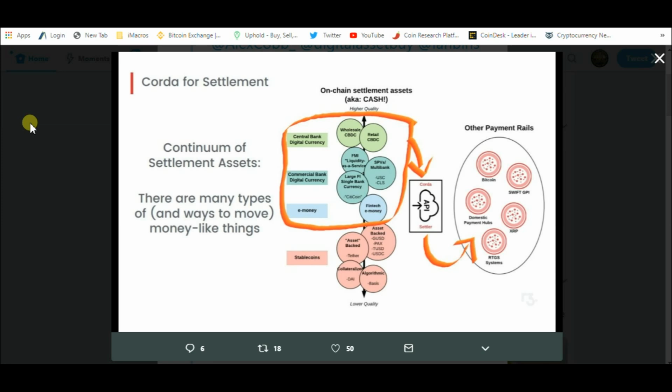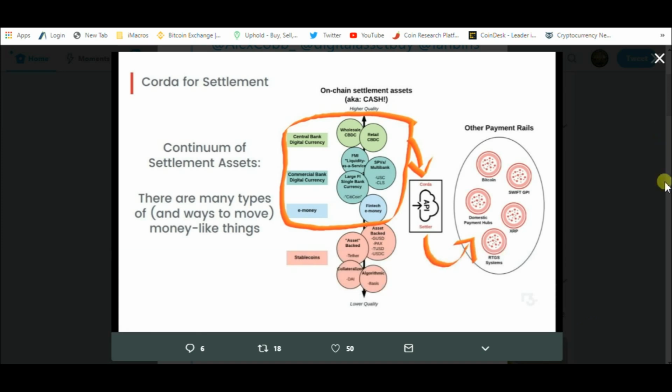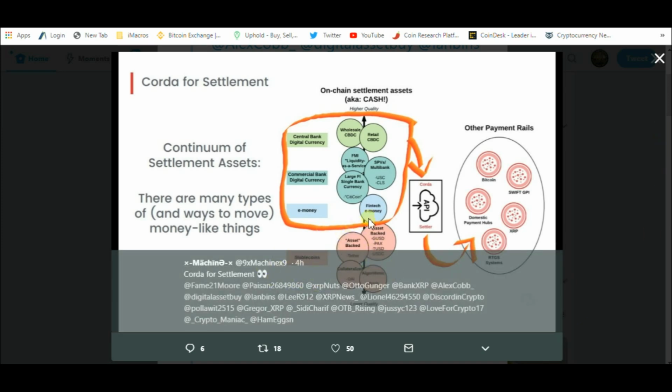On-chain settlement assets, aka cash, central bank digital currency, commercial bank digital currency, e-money, and he's got these circled, and it's got wholesale, central bank digital currency, retail, liquidity as a service. There's a bunch of different things here, and then down here on the bottom they show stable coins, and those are kind of outside of that circle.